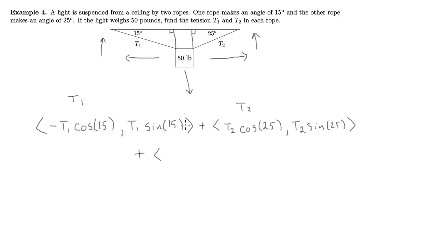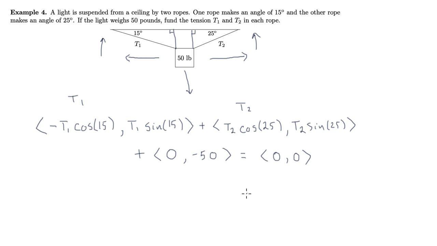So the weight is just going straight down. So there's 0 force in the horizontal, and there's negative 50 pounds in the vertical, because it's going down. Okay, and then this should equal 0, 0. Well, why should it equal 0, 0? Because we want there to be 0 net force.